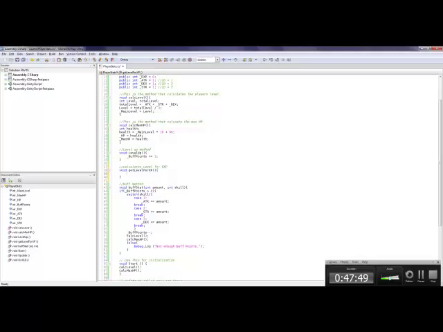Nothing big, nothing really complex. It's going to be constant leveling for the same increments every time. So we're going to take int EXP needed equals main level times 125.